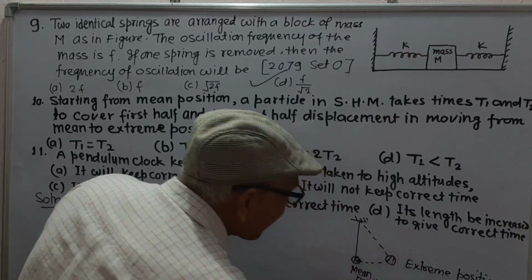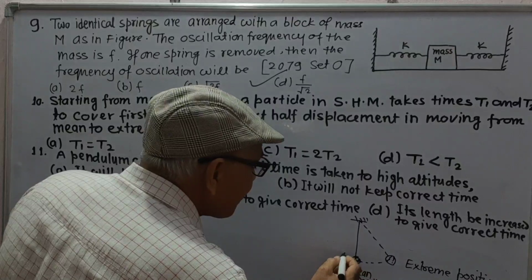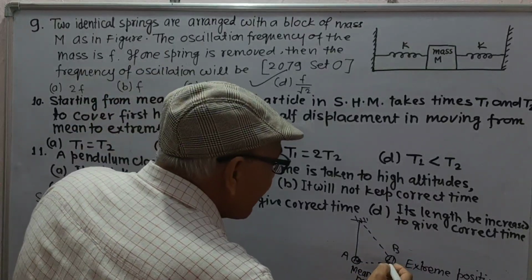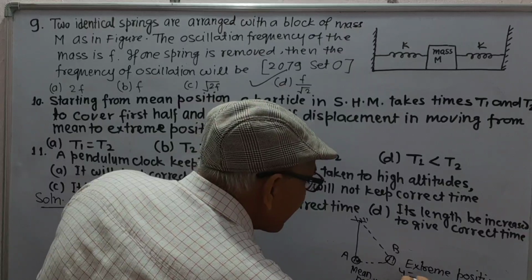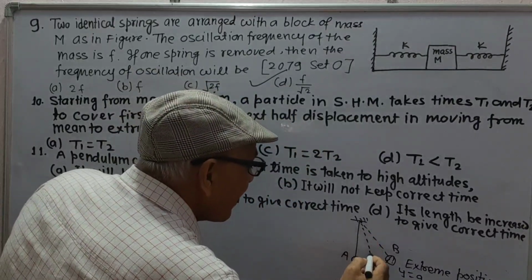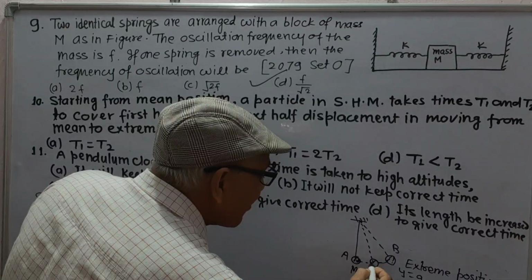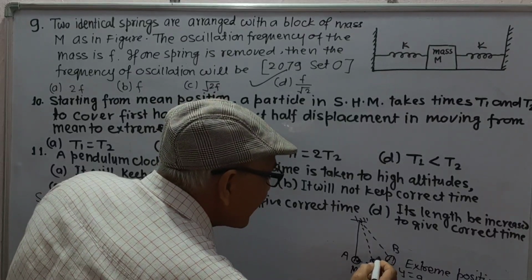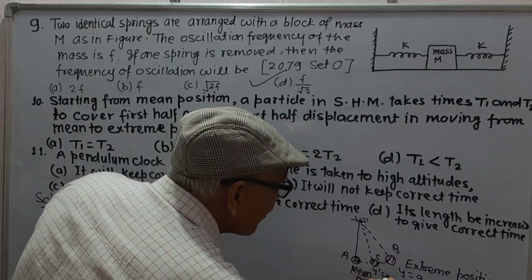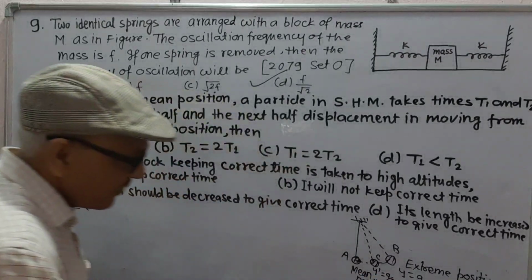In going from mean position A to B, y is equal to A, and at midpoint C, y dash is equal to A by 2.